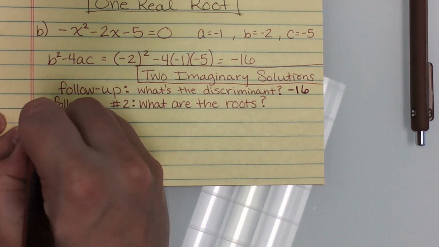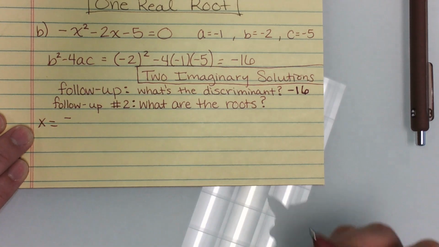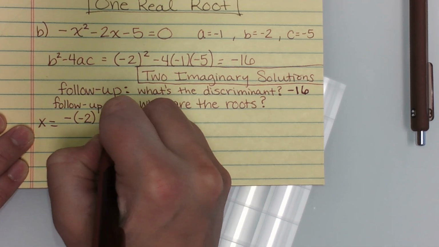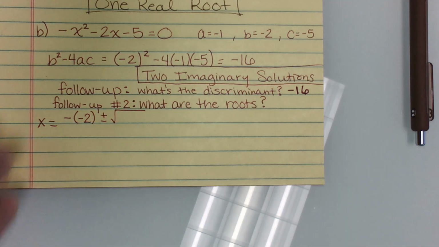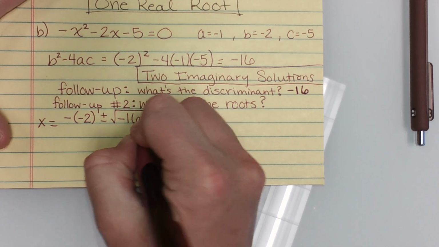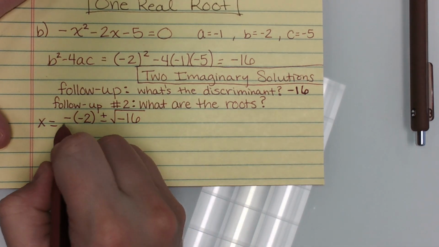So, x equals negative, b was negative 2, plus or minus the square root of. Yeah, I can type in b squared minus 4ac, but what is b squared minus 4ac going to get me? Negative 16. I could go directly to putting negative 16 right there.